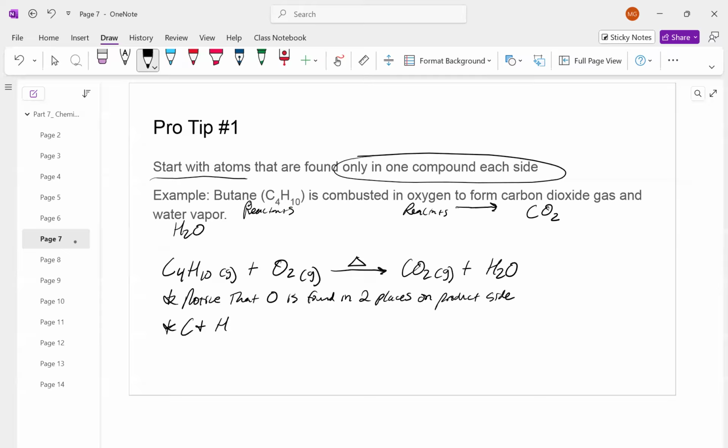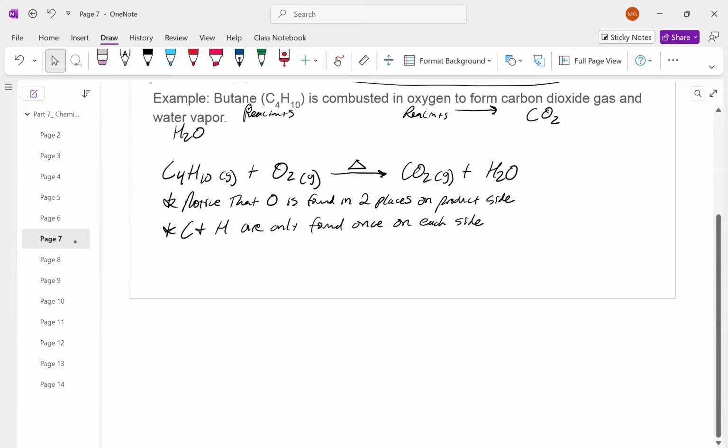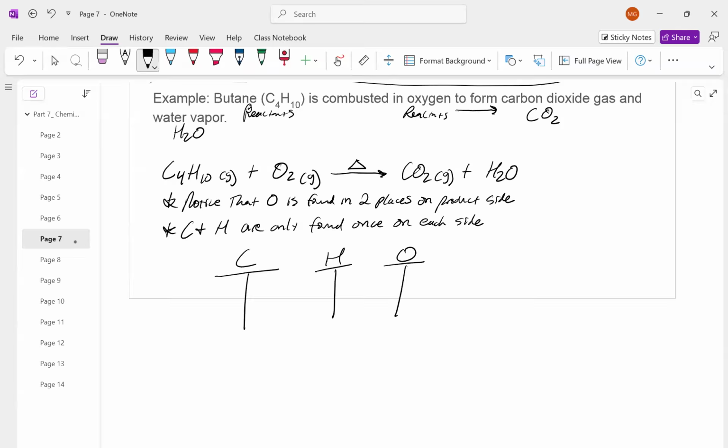Carbon and hydrogen are only found once on each side. So when I try to balance this, I'm going to start with either carbon or hydrogen. Those are the ones I'm going to fix first, and then I'll save oxygen for the end. So let's draw out our little tables here. Carbon, hydrogen, oxygen.